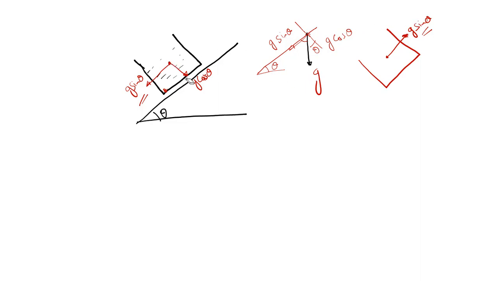And g cos theta will act as gravity. It's not a pseudo force, because g cos theta is not an acceleration of the whole system. The whole system has acceleration g sine theta in this direction, so it will not have an acceleration in this direction. Only gravity kind of thing will apply, g cos theta.